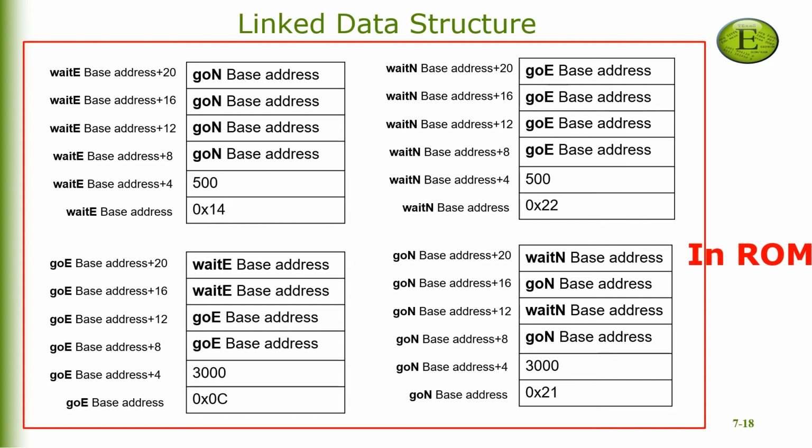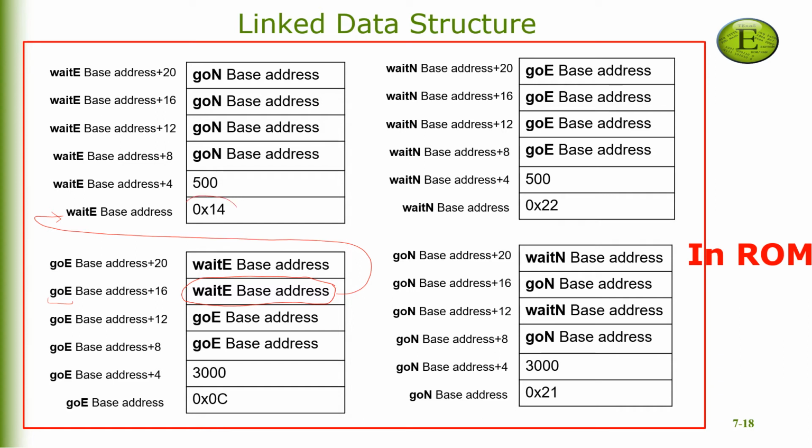For instance, if we go from one state to another depending upon the input, for example, if we go from GoE state to the wait E state, then depending upon the input, we have the wait E state base address readily available over here in this array, which can lead us to the wait E array contents.